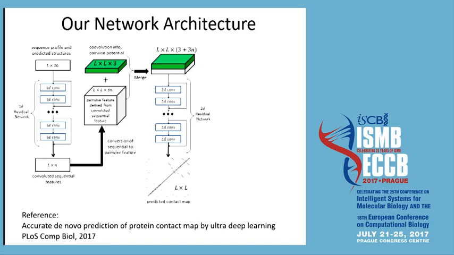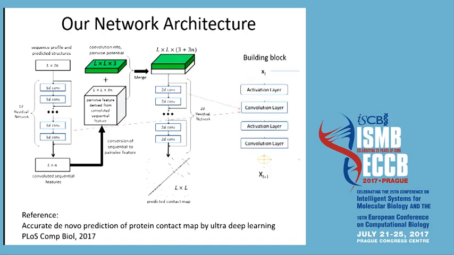The 1D convolution is used to capture the sequential context of one residue, and the 2D convolution network is used to capture the 2-dimensional context of a residue pair. For details, you can look at our paper.